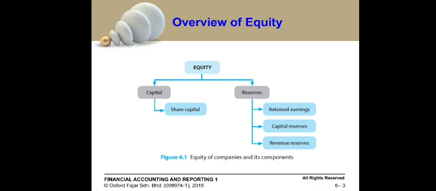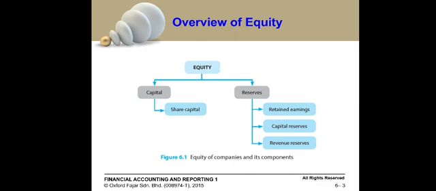Okay, let's see. So here equity can be seen in two aspects. First, the equity for a company can be seen in terms of capital, and also can be seen in terms of reserves. So capital of a company is related to shares.